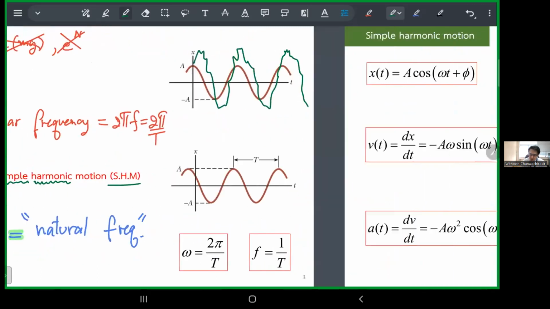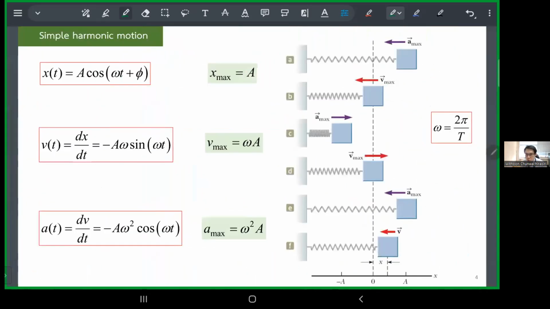All right, guys. Once we know this, what's next? The next thing is going to be quite simple now because you know everything. When I say everything, I mean you know the function of the position, so you know exactly where the mass is supposed to be at any time. If you know exactly the position of an object, you will be able to calculate velocity and acceleration very straightforwardly.